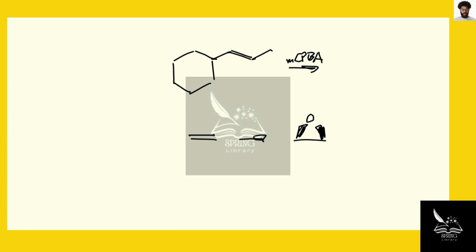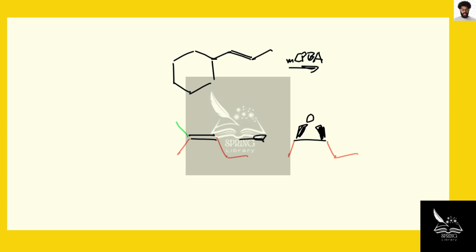The important thing to remember with epoxides is that if two groups are cis to each other across a double bond, they will remain syn about the epoxide.